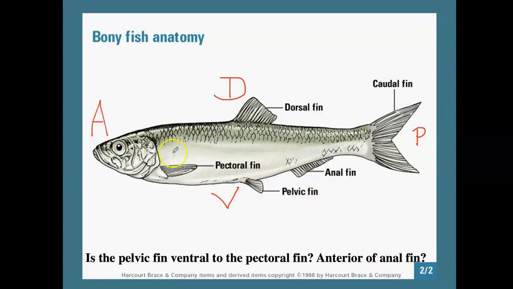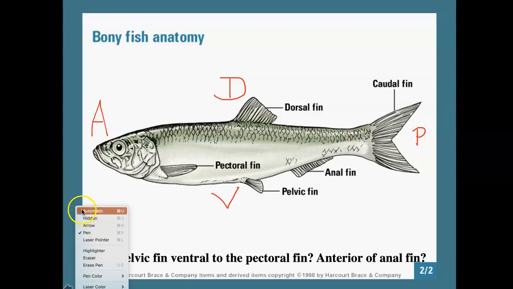It's closer to the A, so it's anterior of the anal fin. Or the anal fin is more posterior than the pelvic fins. Okay, so again, just a couple of easy terms to help you orient yourself. This is really helpful, especially in lab, to be able to use these terms to orient yourself. And I will use those terms more again, not today, tomorrow, when we do the dissection in lab.